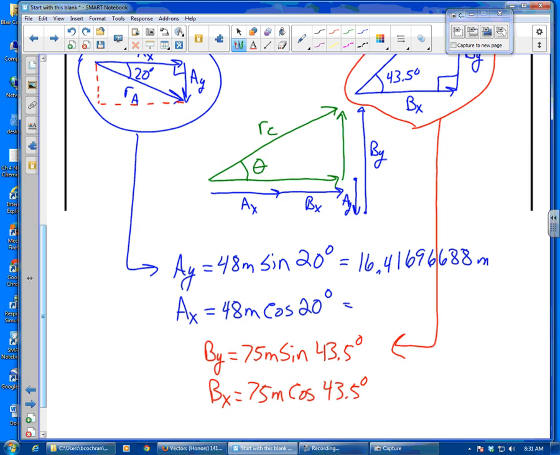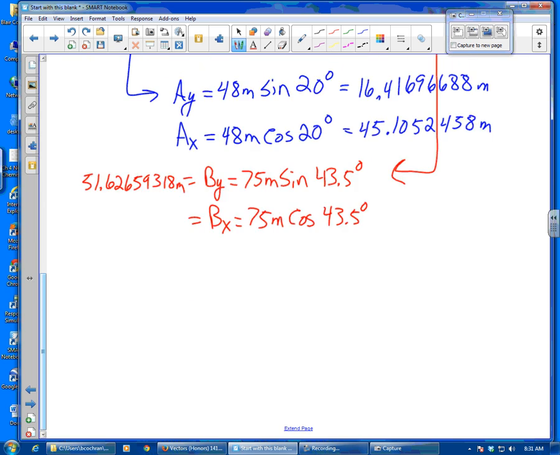For AX, I get 45.1052458 meters. For BY, I get 51.62659318 meters. For BX, I get 54.403077.